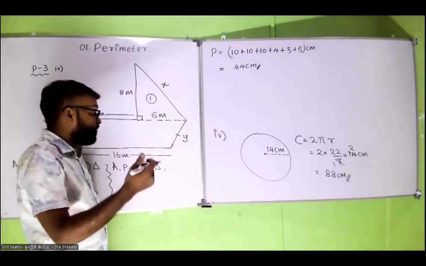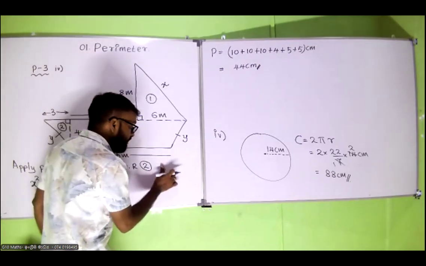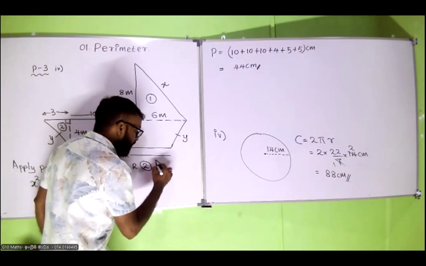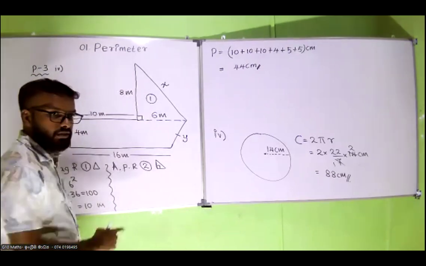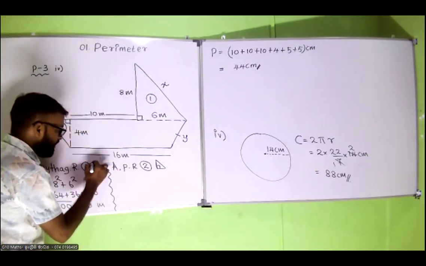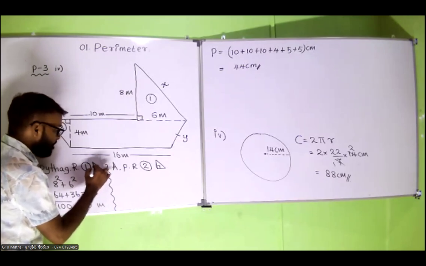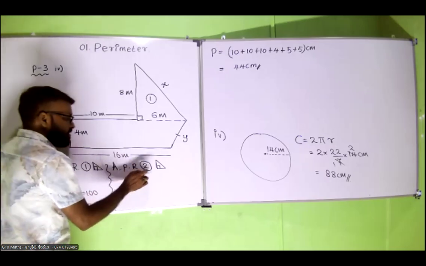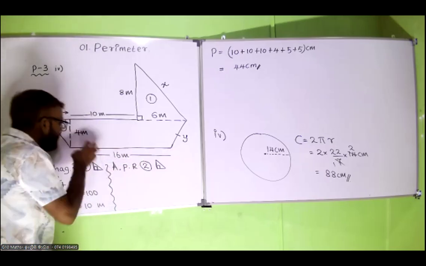If you want to put the right angle triangle, this is the notation. Because these are right angle triangles. Here, apply Pythagorean relationship. Number 2, right angle triangle.